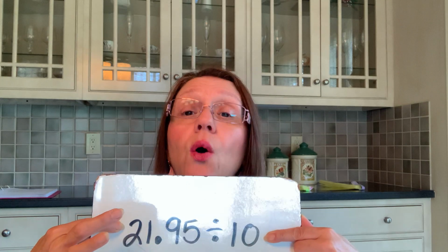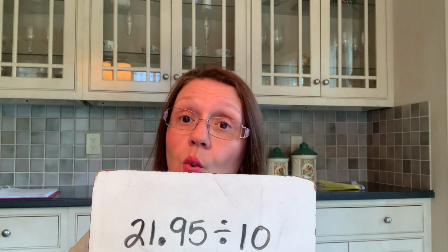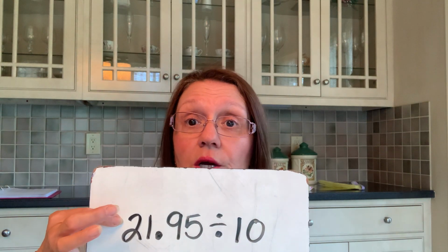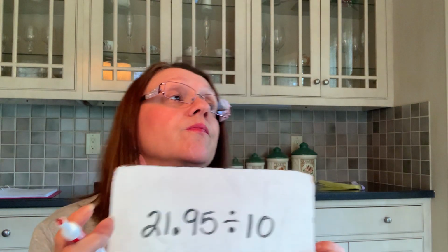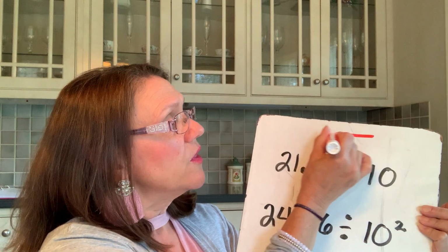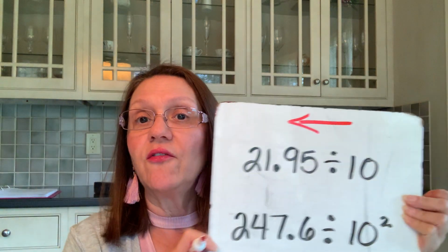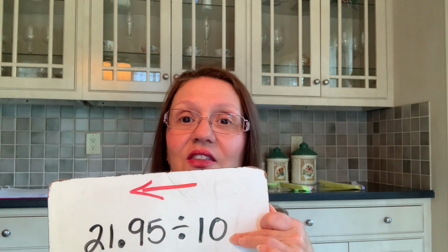So here's our divisor. Here's our dividend. What do we do? Well, we know with division, we generally make numbers smaller. So to make this number smaller, our decimal is going to need to move this way to the left. How many times it moves depends on the number of zeros in the divisor.